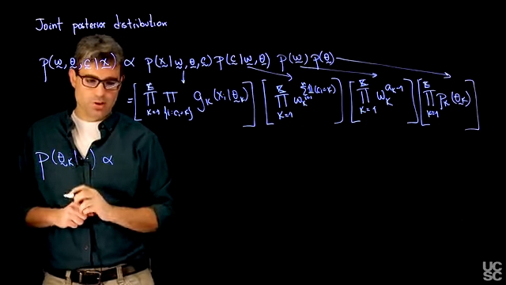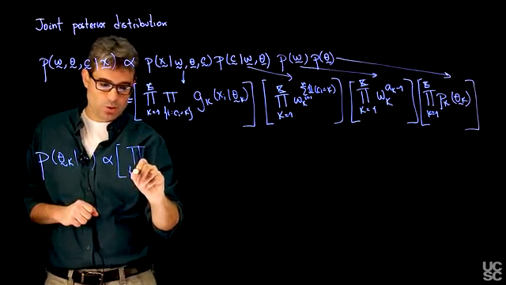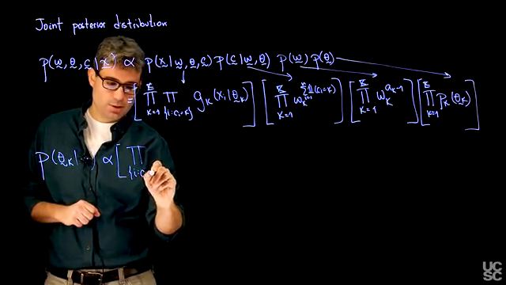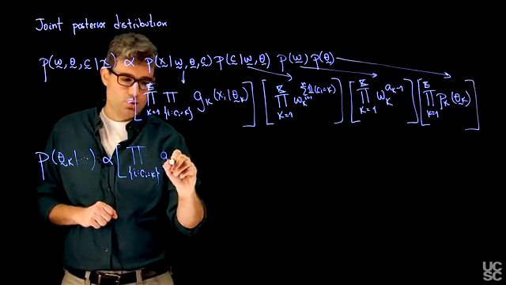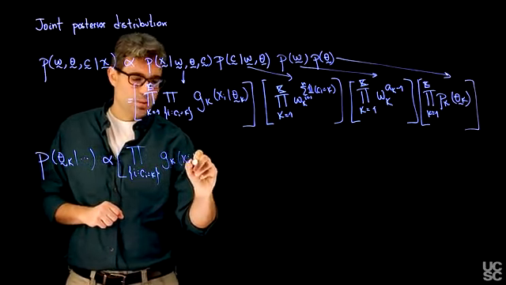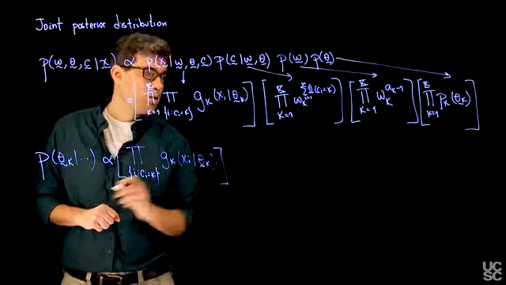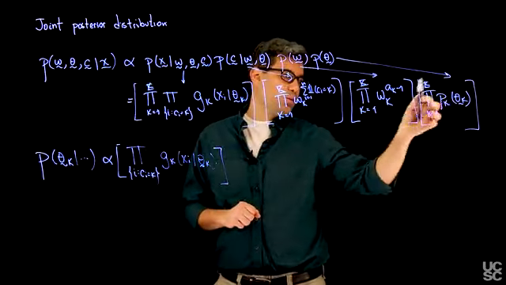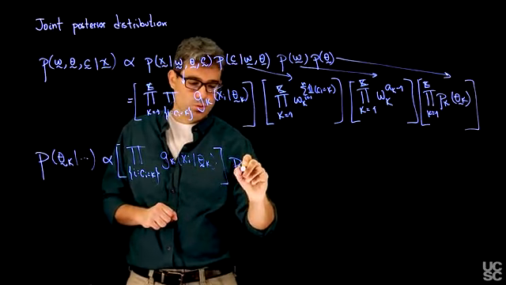So this expression is proportional to the product over the i's that have been assigned to the k-th component of G sub k of x sub i given theta k. And among this product, again, there is a single term that belongs to theta k.